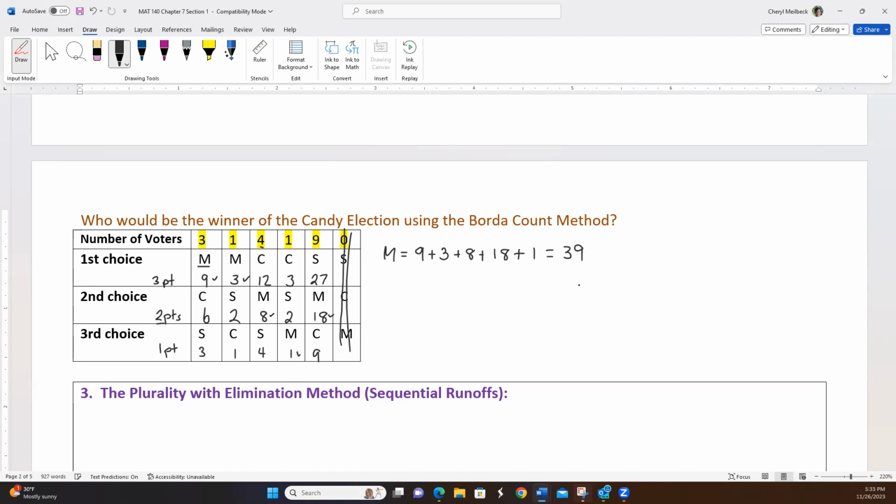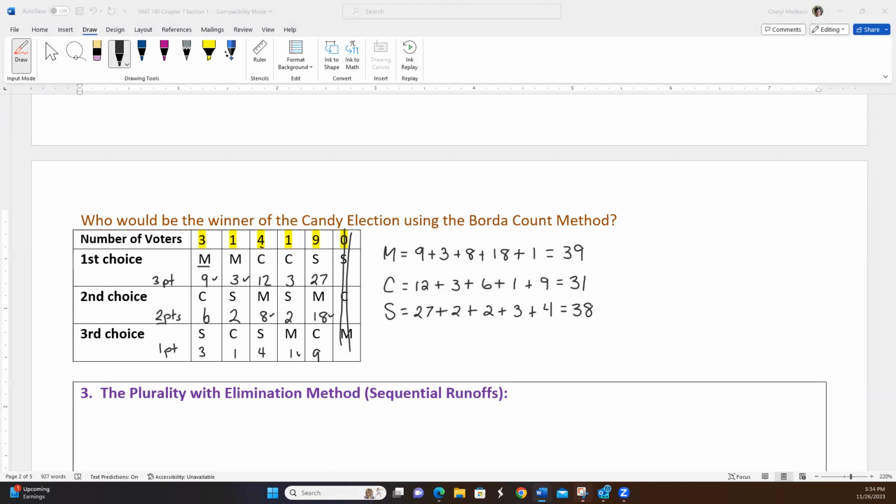Might want to grab your calculator for these. So I'm actually going to ask you to go ahead and find the Borda counts for Crunch Bars and Snickers. Pause the video, give it a try, and let's see who won this race. When you complete the total with Borda count, it looks like miniatures are our winner.